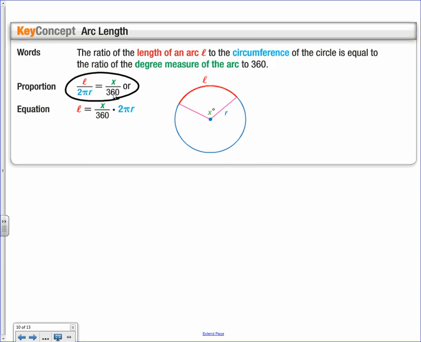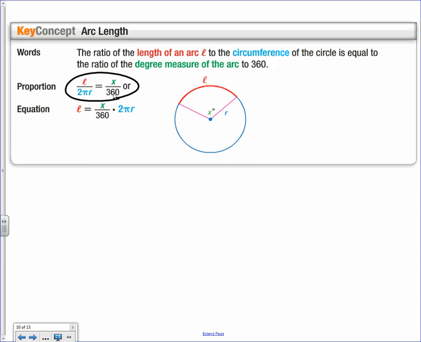With that, notice that this is a proportion. The proportion here is the arc length, L, over 2 pi r. Well, 2 pi r is something for us, right?